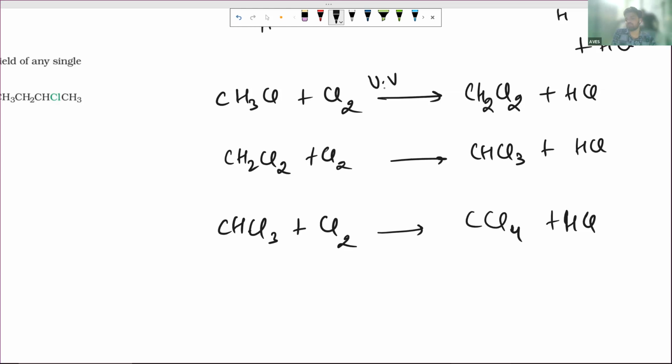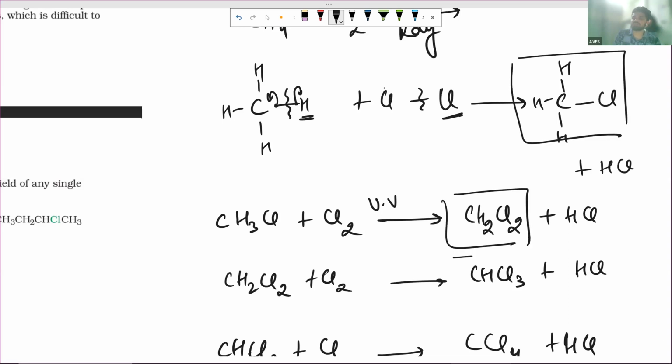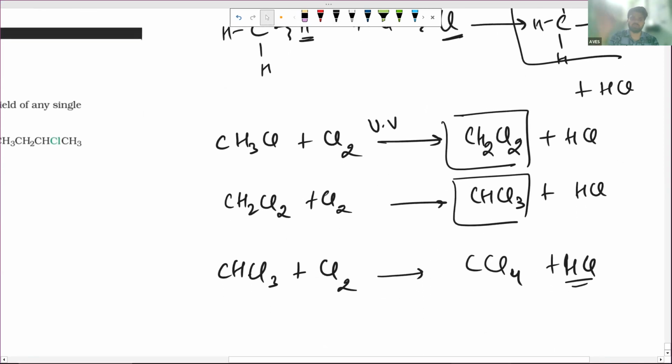But if I ask you what is the problem behind this type of preparation, the problem is that we are going to have all kinds of alkyl halides. When we get this one, we will get some amount of this one also, some amount of this kind also. Means we will get chloromethane, dichloromethane, trichloromethane, and tetrachloromethane.